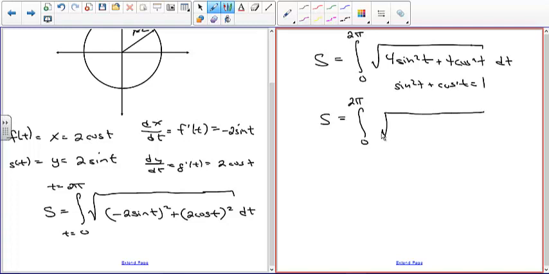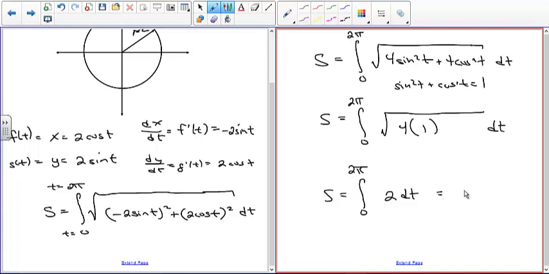So we can factor out the 4. We'll have 4 times sine squared t plus cosine squared t, and that becomes 1. So we get the square root of 4 times 1. And the square root of 4 is 2.